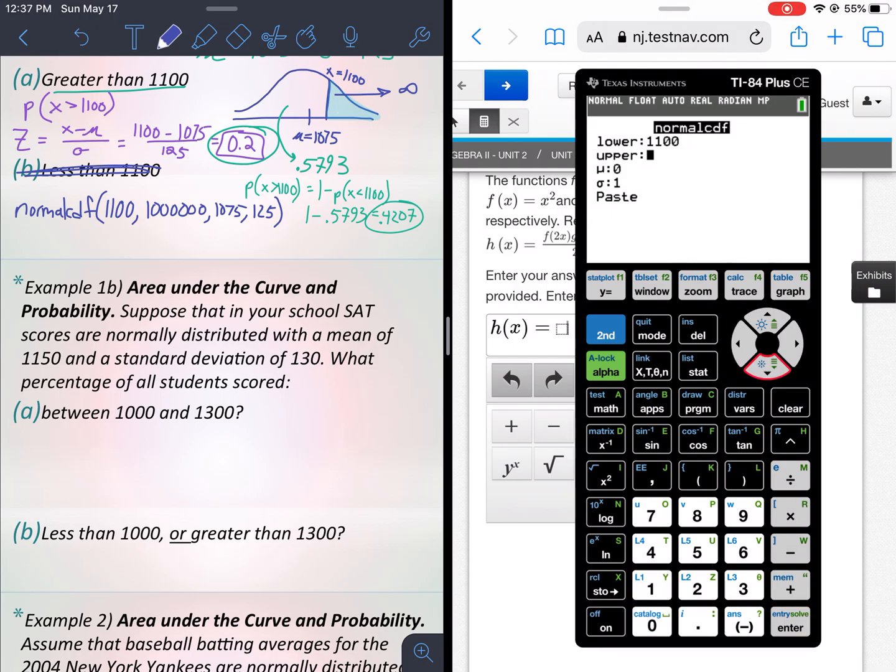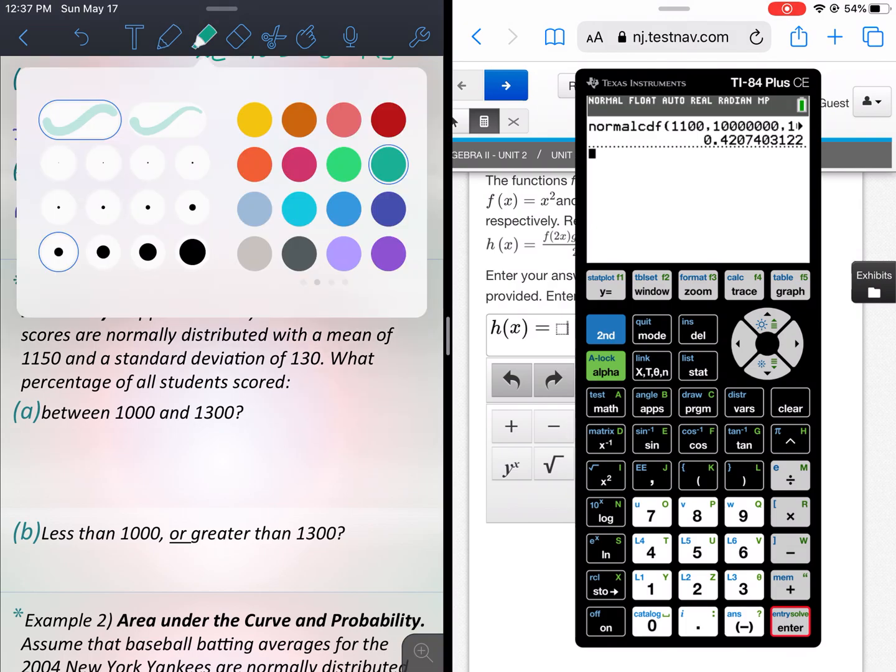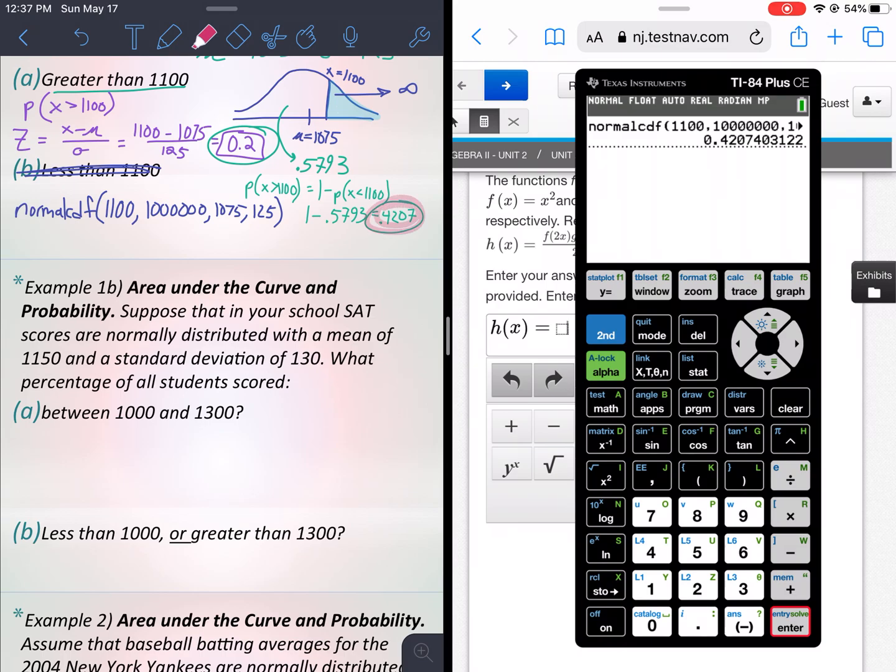The upper limit needs to be a really, really big arbitrary high number. The mean is 1075 with standard deviation 125. Let's hope we did it okay. And it's perfect. It comes exactly out to the same answer, 0.4207.